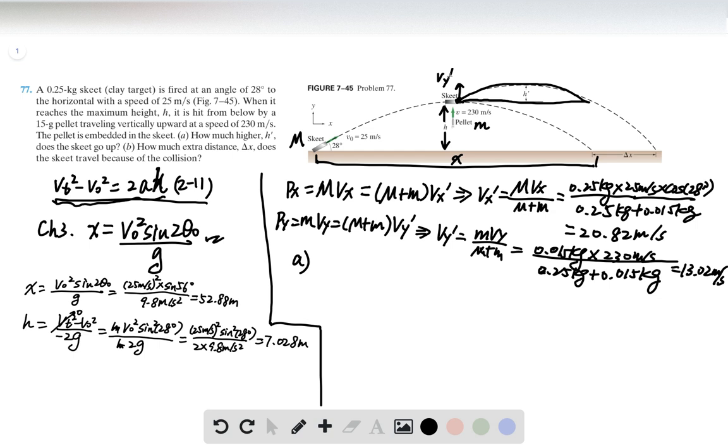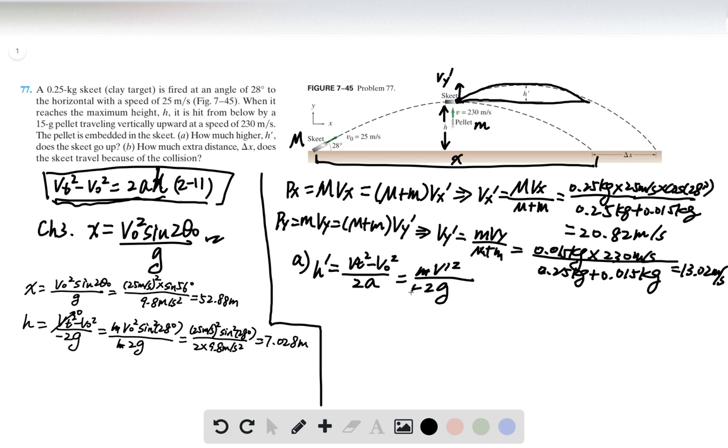So because of that, you can do it again using this formula. You can find h prime equals vt squared minus v naught squared over 2a, which is equal to, in the y direction, negative vy prime squared minus negative 2g, divided by negative 2g.